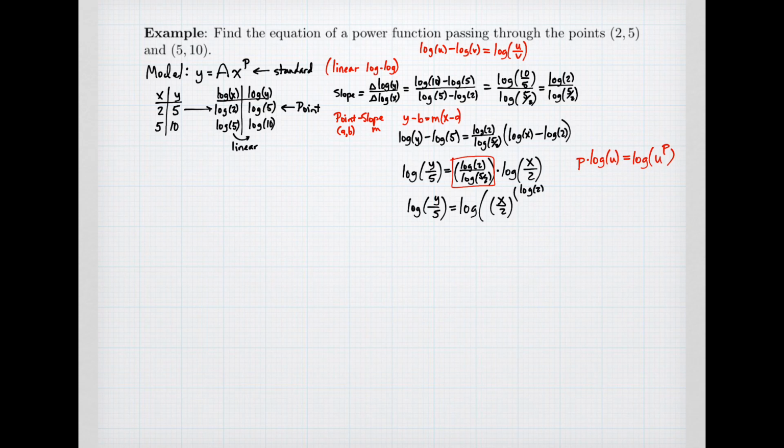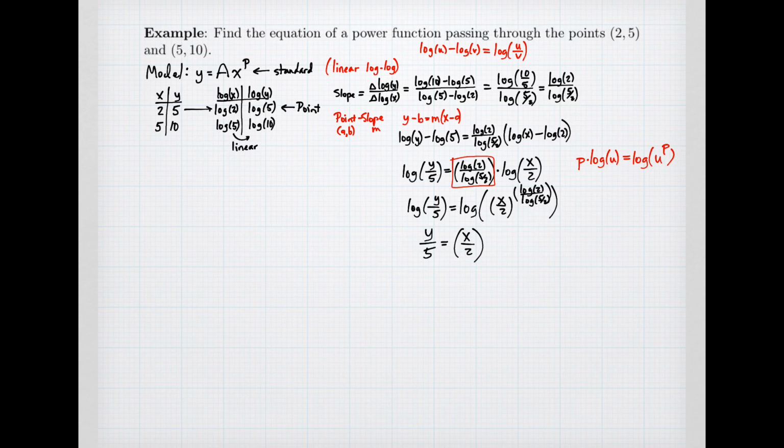Be nice if we had a simple way of writing that. We'll just keep it like this. And now that I have the logarithm of one quantity equals the logarithm of another quantity, I can eliminate the logarithms, since these are one to one. So I get y over 5 is the quantity x over 2 raised to the power.